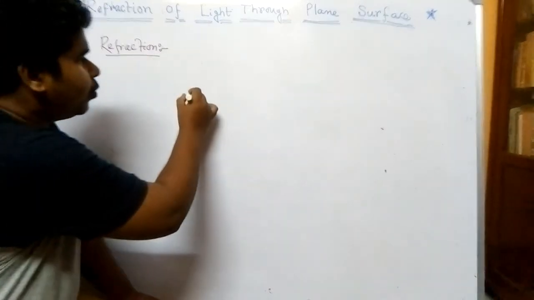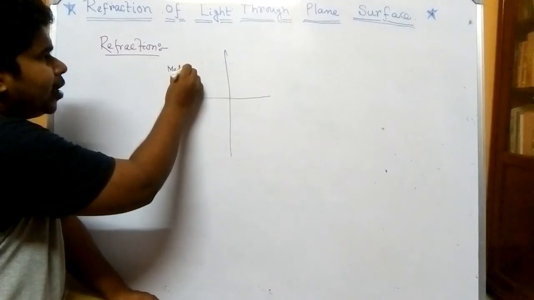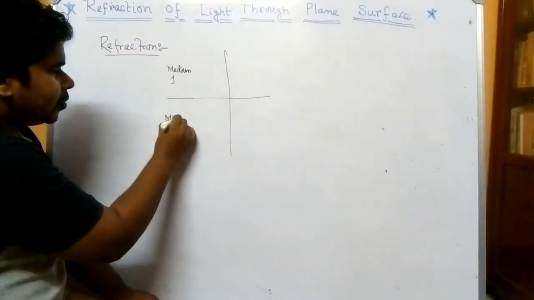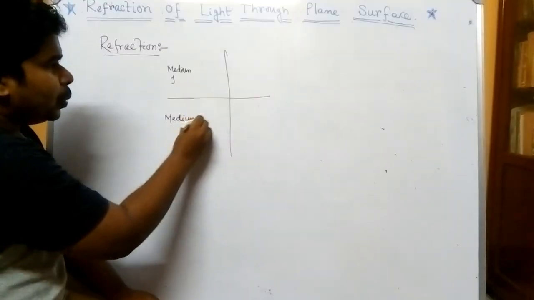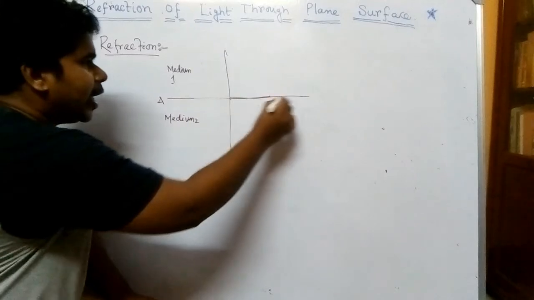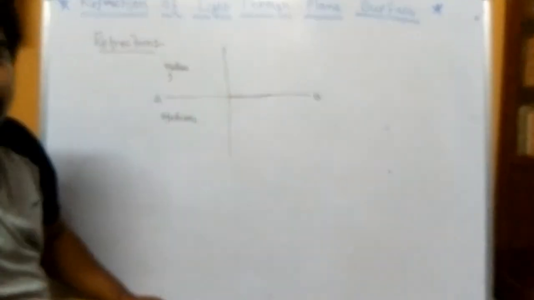Similarly, assume this is one medium, which we have named medium 1, and this is another medium, medium 2. This line, which I have named AB, is the separation between the two mediums.